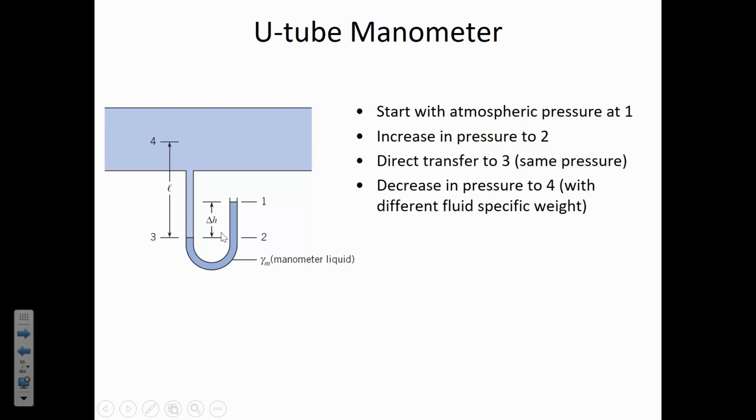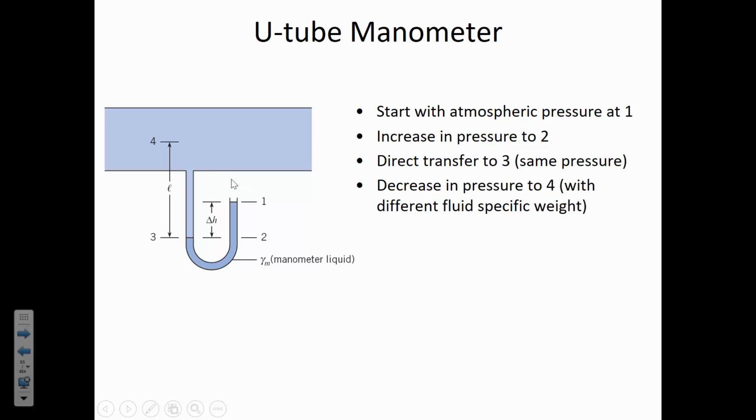All right. So in a problem like this, they're often set up where they're asking you what is the pressure in the pipe based on some dimensions that are measured. And so in the middle of the pipe, here at location 4, is where you'd be trying to calculate the pressure. And you start where you know the pressure. And you can notice that this manometer is open to the atmosphere.